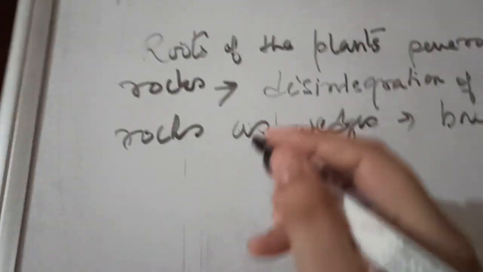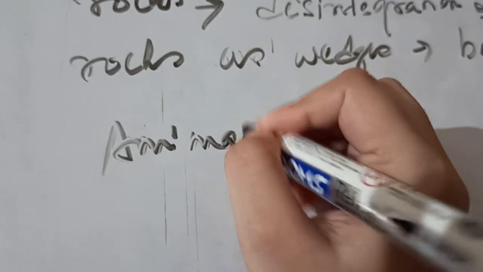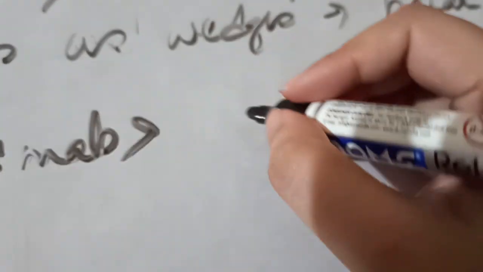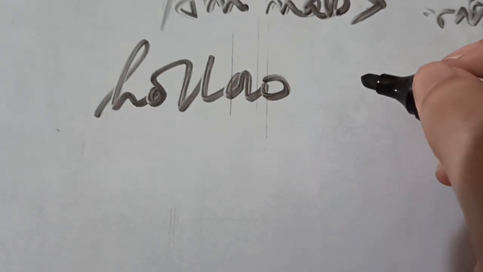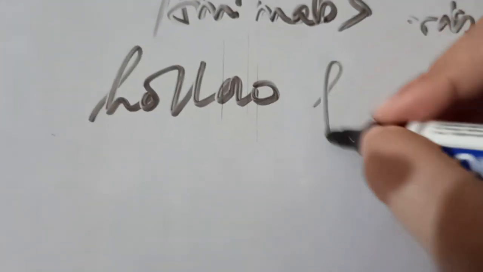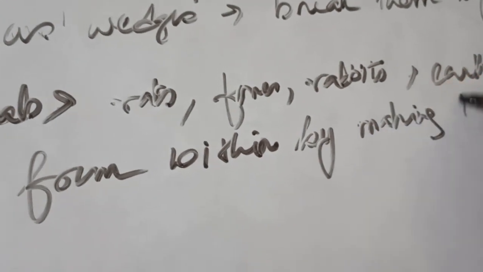So this is the way the plants help in biological weathering. Next are the animals, how animals are helping. Some burrowing animals like rats, foxes, and rabbits make the earth hollow from within by making long holes in the subsurface soil layer.